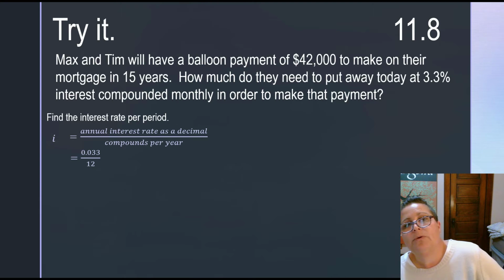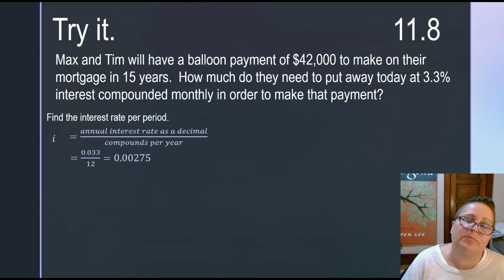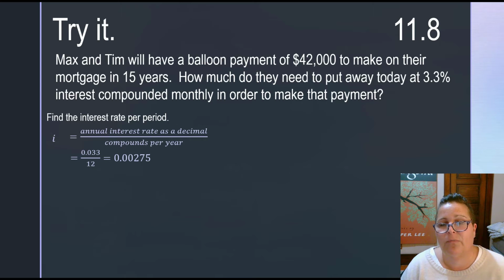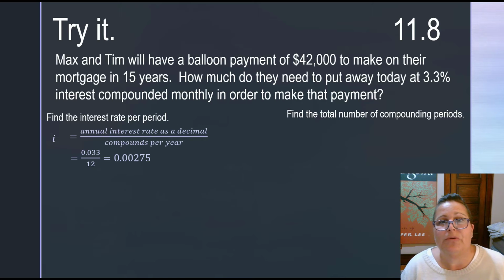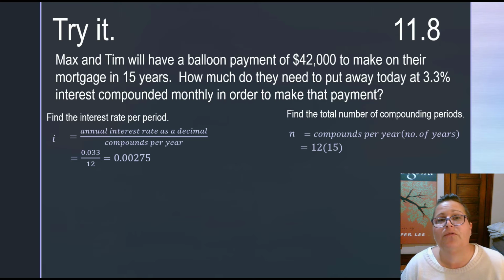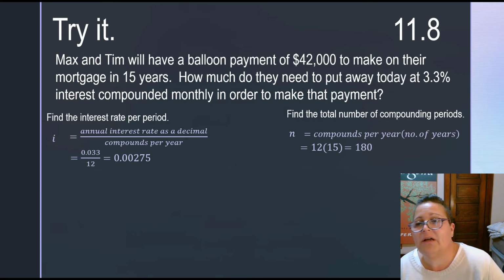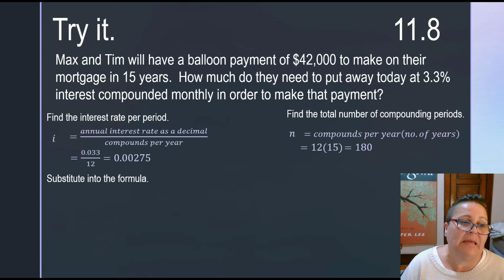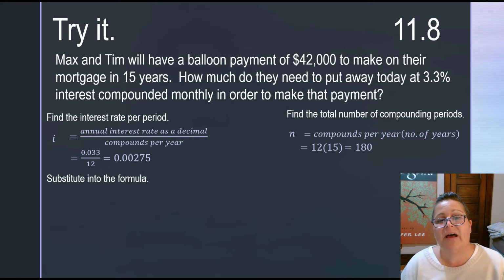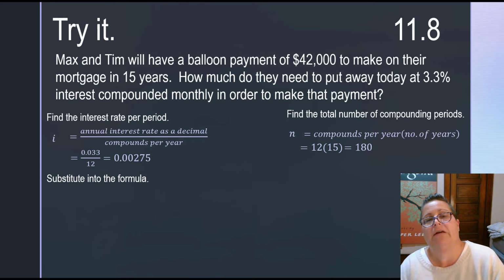So 0.033 divided by 12 is 0.00275. My N, or total number of compounds, is going to be 12 times a year for 15 years. That's 180. That means I can substitute the I of 0.00275 and the N of 180 into my formula, knowing that the goal amount here is $42,000.